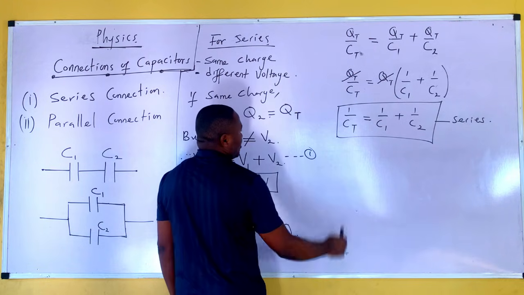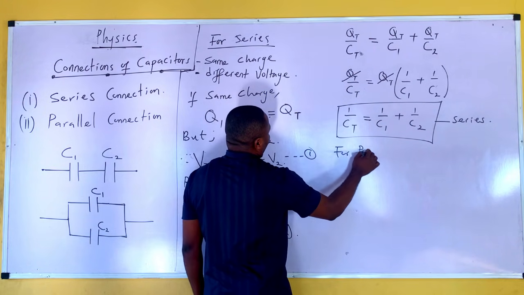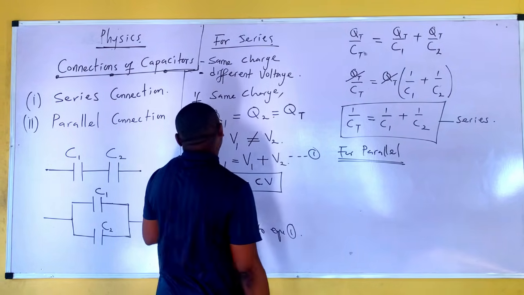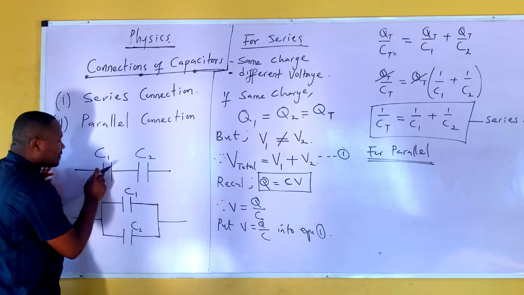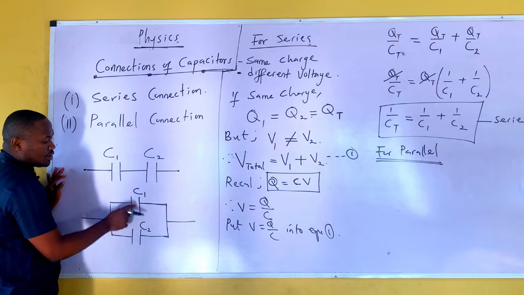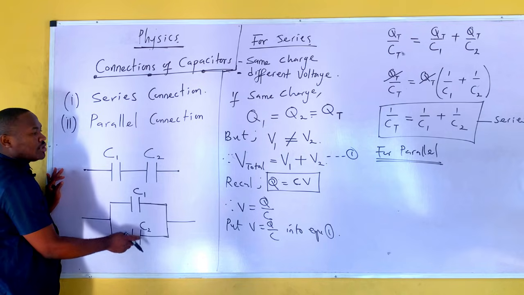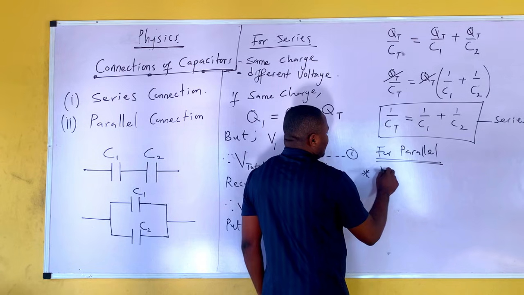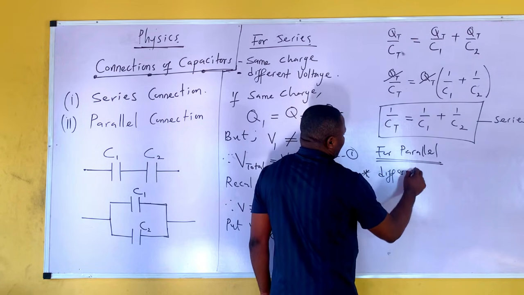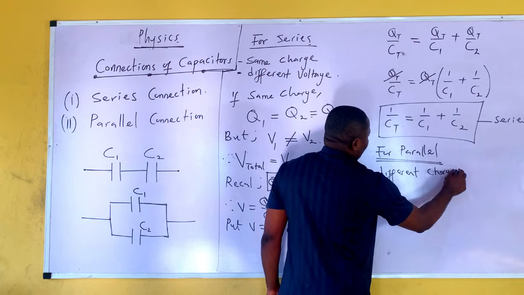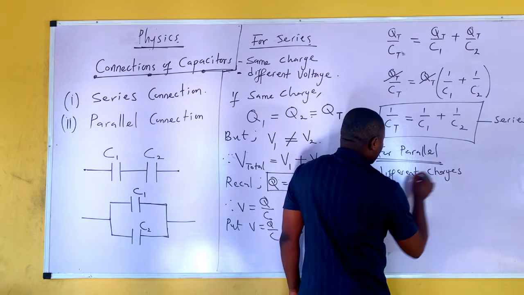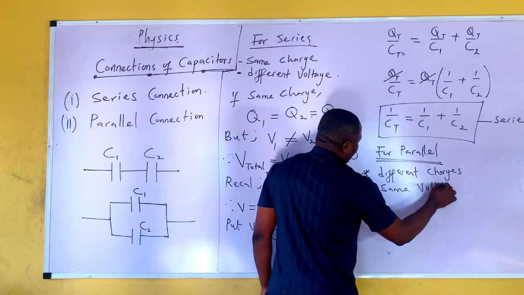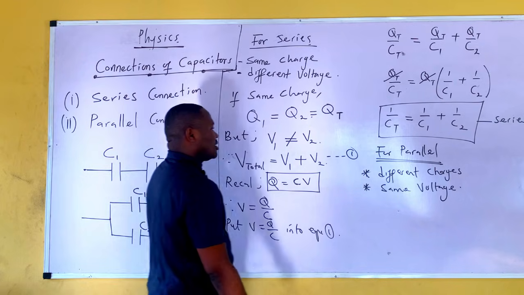What about for parallel connection? Now this one has the same charge, therefore here we have different charges but the same voltage. So for parallel, they have different charges but the same voltage.